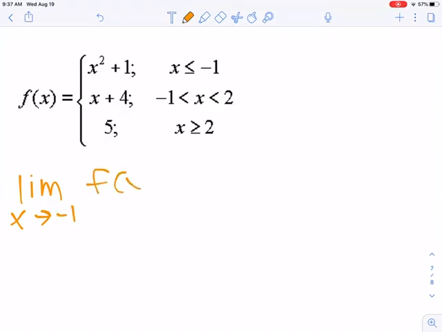And we're going to look at the limit as x approaches -1. That's what we need to determine.